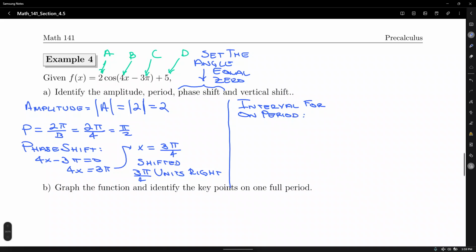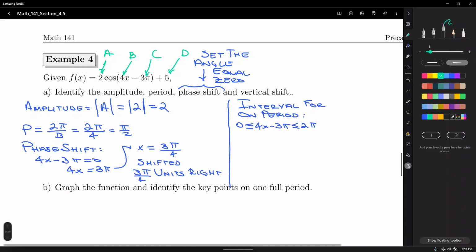For the interval for one period, I'm going to bound the quantity 4x minus 3 pi greater than or equal to 0 and less than or equal to 2 pi. So number one, let me use a different color. Let's add 3 pi to the three sides of the inequality.